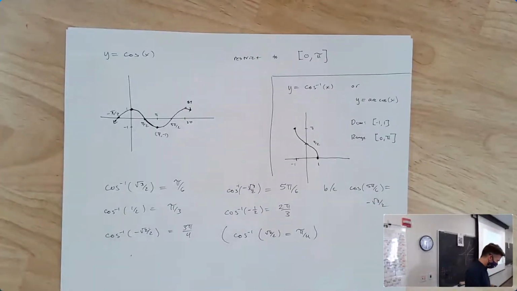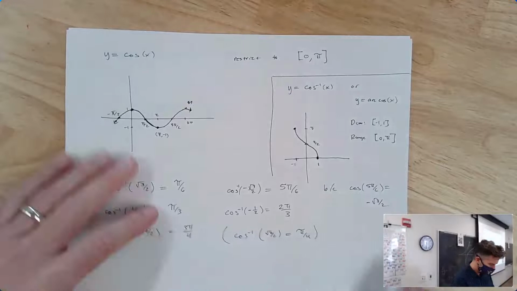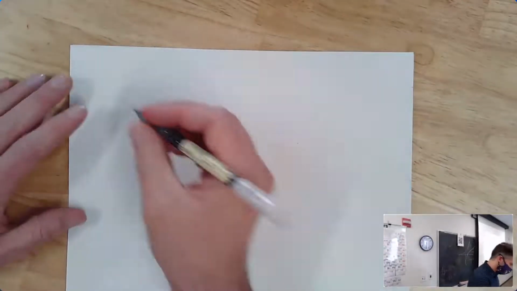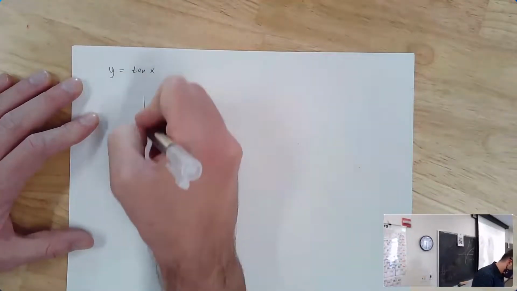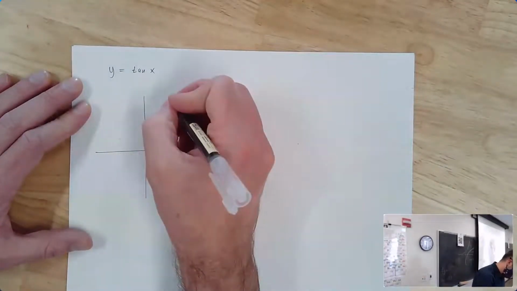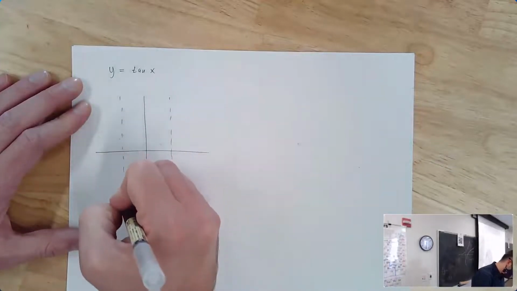Okay. Let's go ahead and talk about inverse tangent, and then we will move on to finding the derivative of things. One more. So tangent looks like this. It has vertical asymptotes at pi over 2 and negative pi over 2. Those aren't the only ones, right?